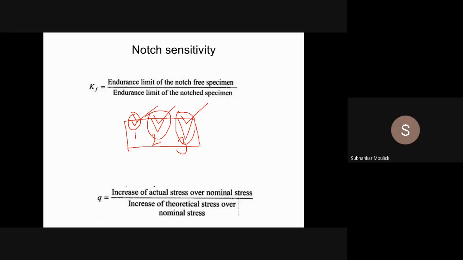If you are making a notch of 2 mm depth, a notch of 4 mm depth, or a notch of 10 mm depth in a 30 mm depth specimen, definitely that 10 mm notch depth will be much more sensitive to fatigue stresses compared to notch 1 of 2 mm depth and notch 2 of 5 mm depth.